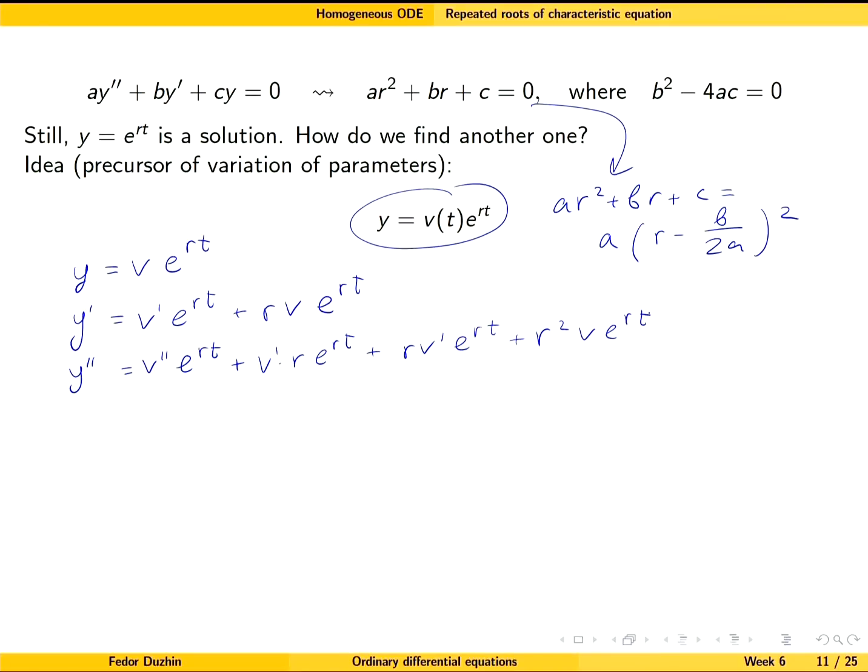Okay, that's a lot to deal with, I guess. And now we need to substitute it into the original differential equation, right? Well, maybe let me simplify it a little bit. Note that these two terms are exactly the same, so I can just write 2 here, and I will write e to the rt here.